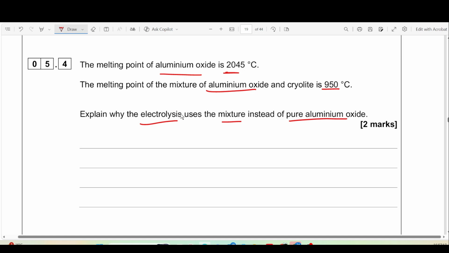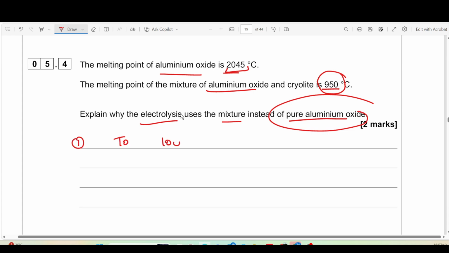Pure aluminum oxide has a very high melting point, you can see 2045, but the mixture melts at a much lower temperature, you can see 950. So to save energy and cost, we use the mixture, and also to increase conductivity. I'll just write the main points.